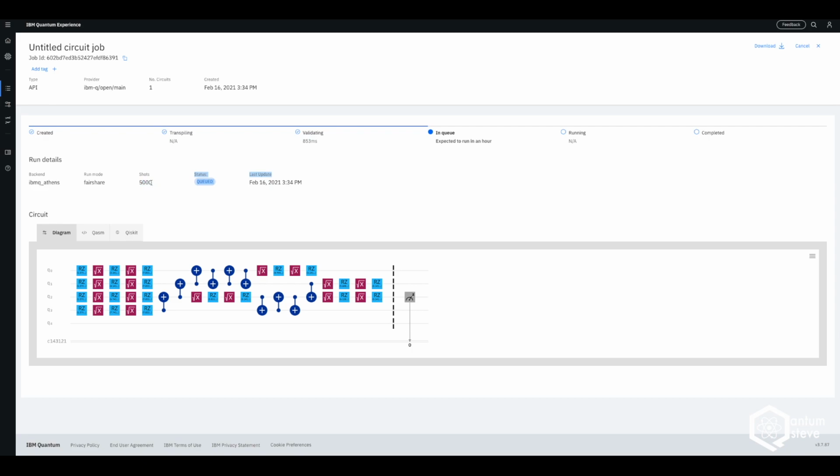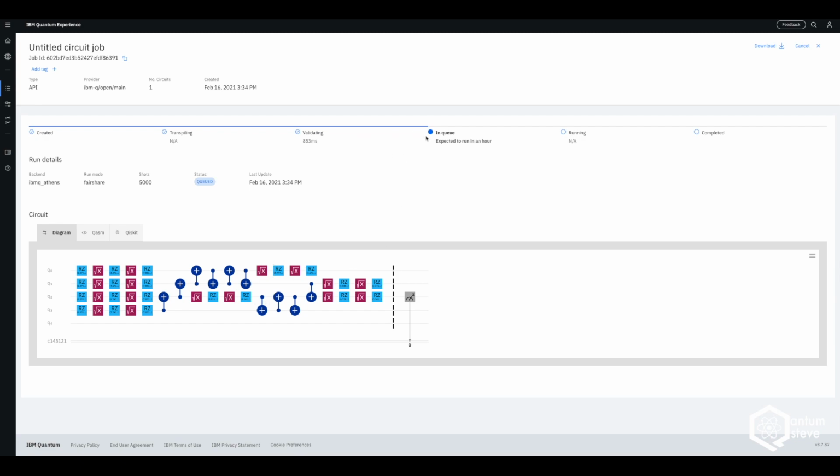We're running it 5,000 times. And this is the circuit that we're running here. It looks a bit different than what I showed you before. I'm guessing that this is because of some swaps happening. So some qubits that are not neighbors, we need to swap around their state. So I'm guessing this is what's happening here.